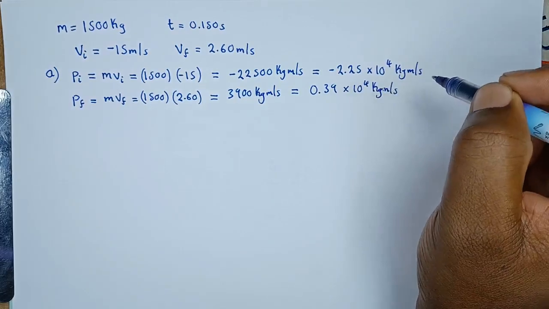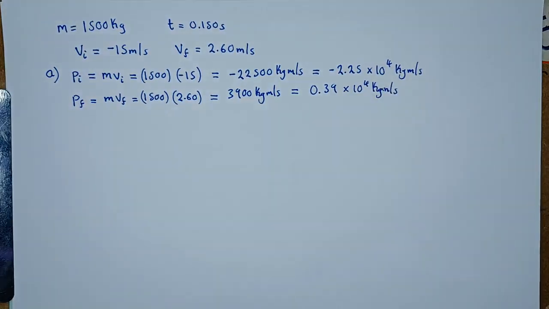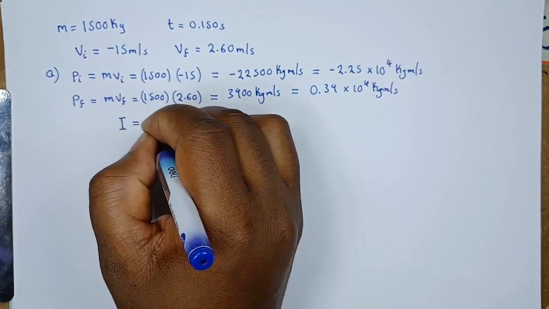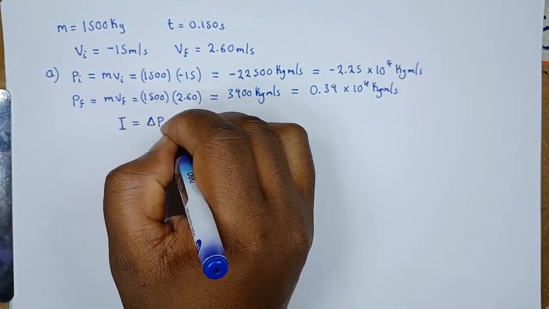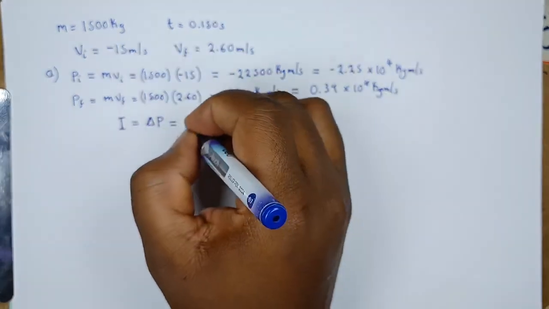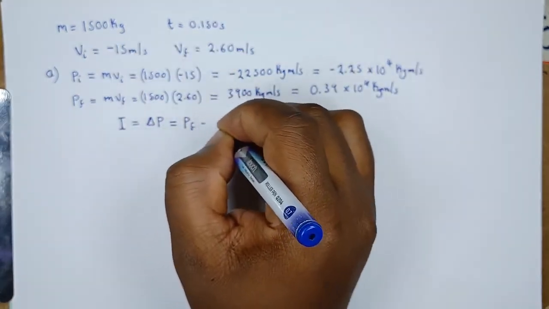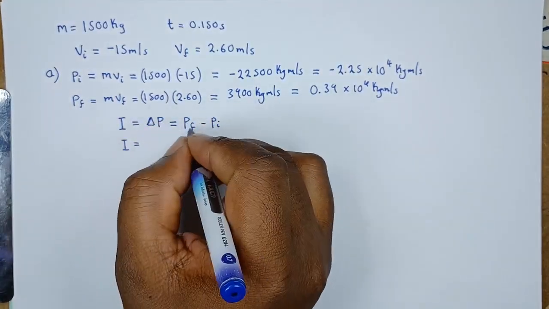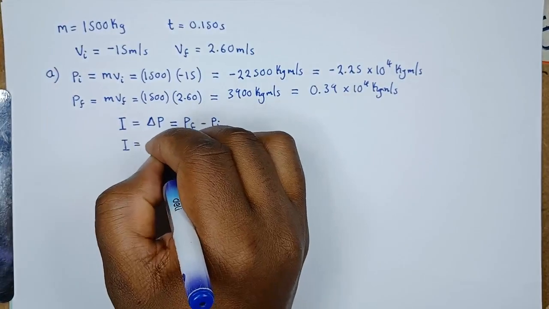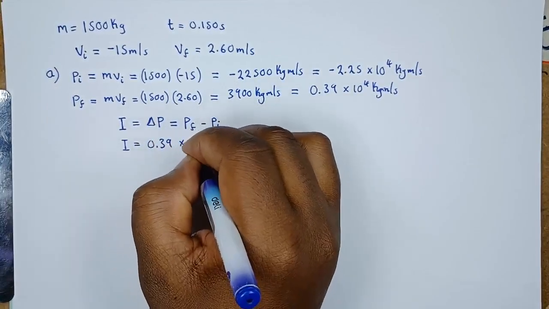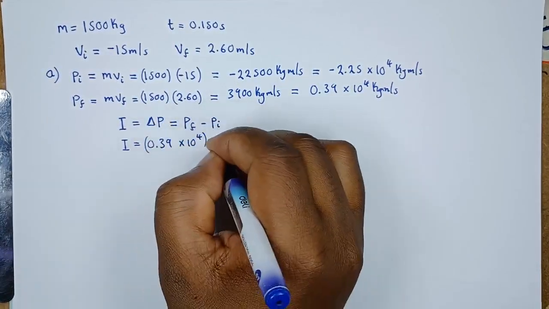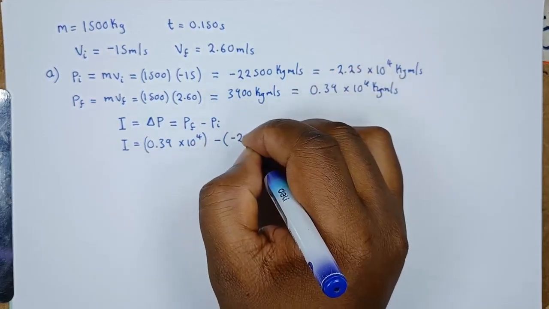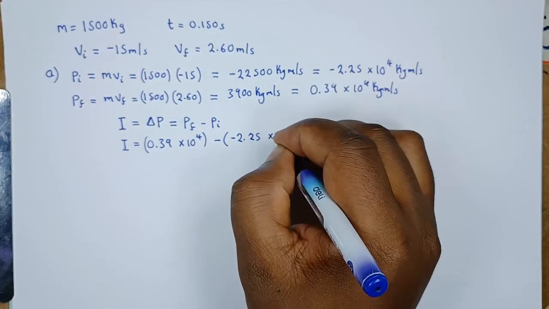Okay. So now impulse is the change in momentum. So the change in momentum is simply momentum final minus momentum initial. So impulse will be given by final momentum, 0.39 times 10 to the power 4, minus initial momentum, negative 2.25 times 10 to the power 4.